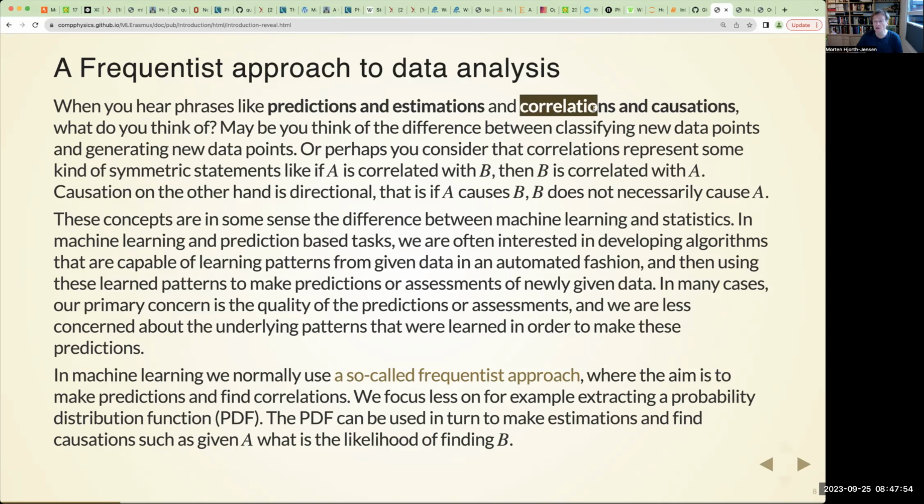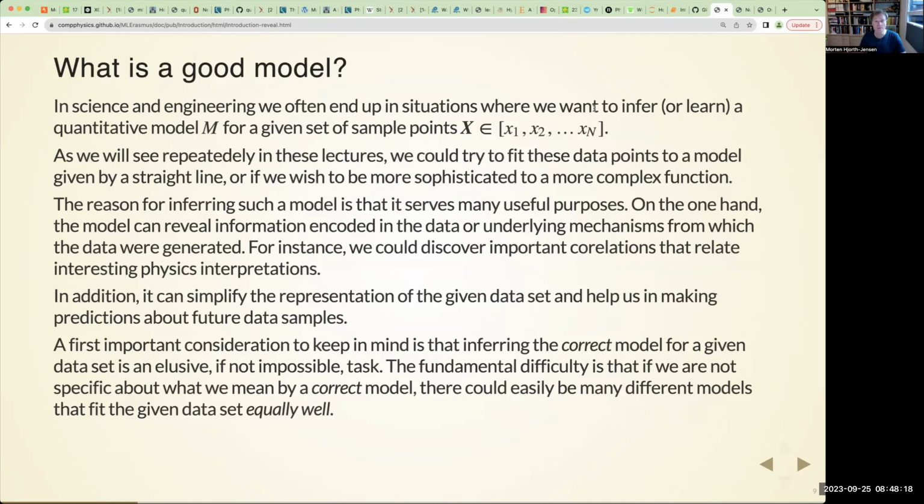And this is something which has characterized and defined the traditional approach to machine learning. But some of these discussions of estimations of errors and causations is something which will keep floating back and forth here. But we will not venture much into what is normally called a Bayesian approach, and thereby Bayesian machine learning. So we will stay with the traditional approach to machine learning.